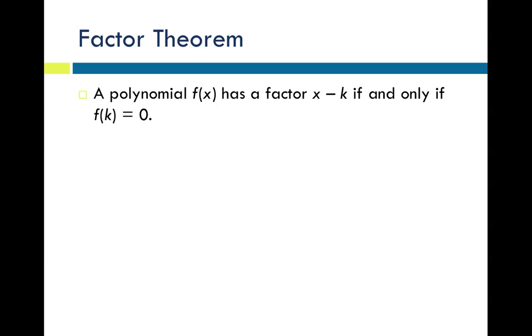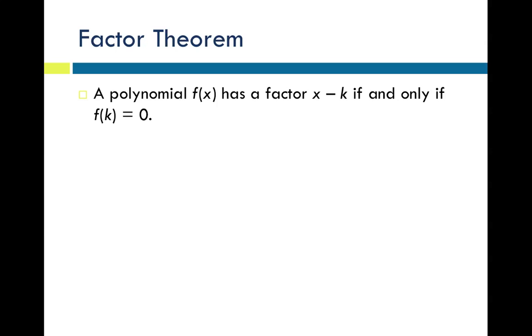And so we're saying that we will actually have a factor of x minus k if and only if f of k equals 0. So if you go back to our division and our substitution with the synthetic, remember that the way we can find f of k is by using synthetic substitution, working it out, and seeing what the remainder is.